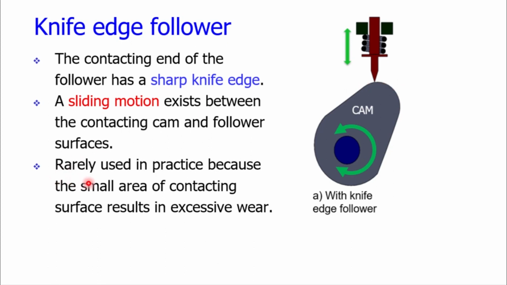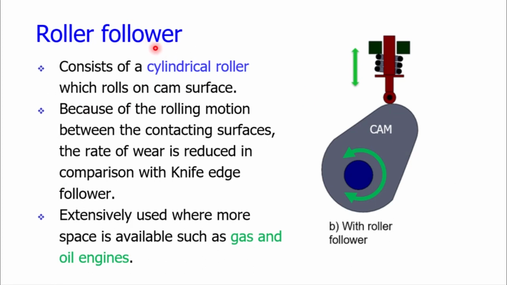That's why knife edge based followers are rarely used in practice. In roller followers, there is rolling friction, rolling motion, which reduces the wear and tear. That's why these roller follower based cams are widely used in gas and oil engines.